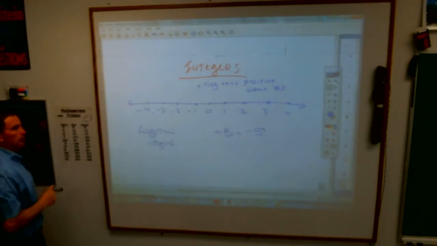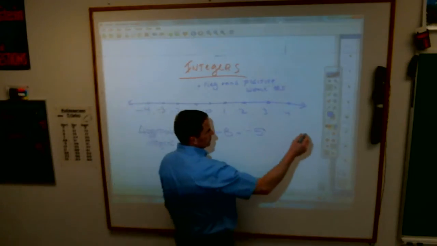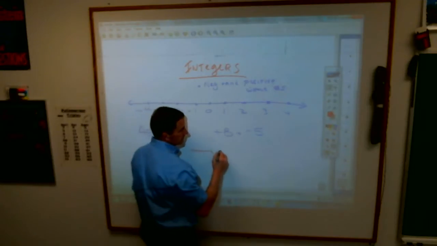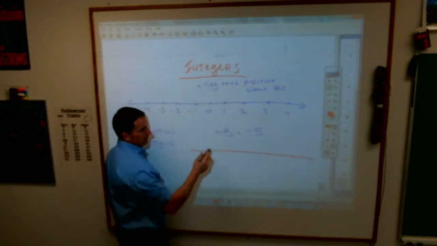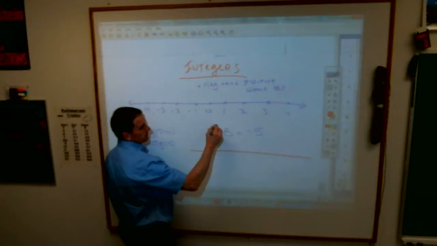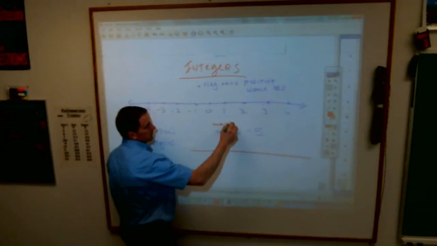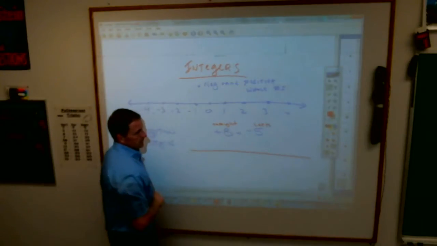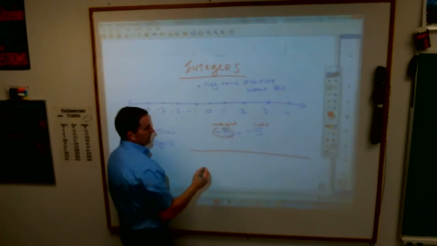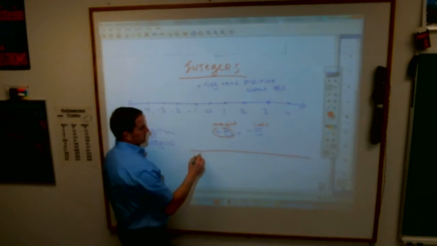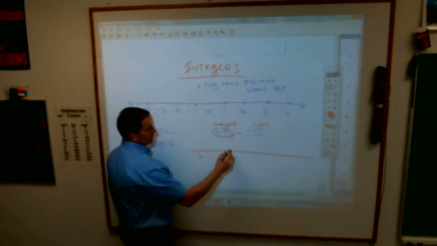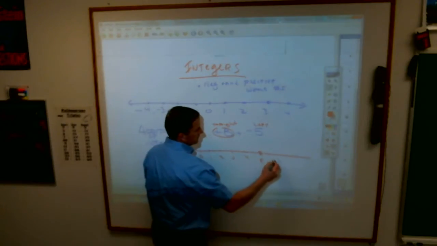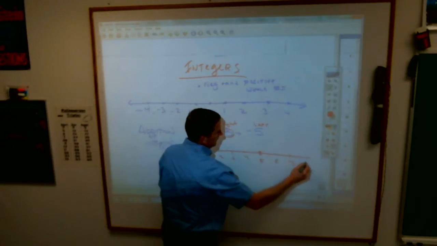There are a few different schools of thought here. If you think about it on a number line, positive numbers move you to the right, and negative numbers move you left. So if you start at positive 8, here's 0, 1, 2, 3, 4, 5, 6, 7, 8.